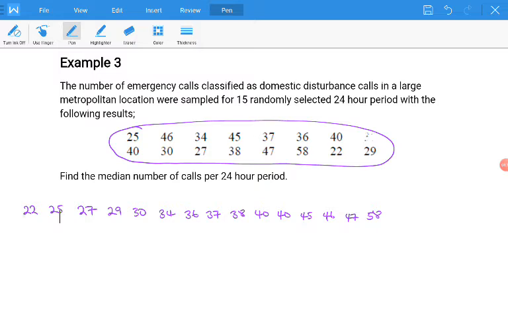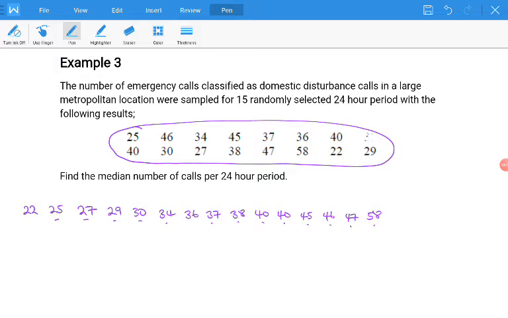So on the values that I've ordered, I'm just going to check. I have 1, 2, 3, 4, 5, 6, 7, 8, 9, 10, 11, 12, 13, 14, 15. So that's okay. So the median is the central score. So the central score is the 8th observation.